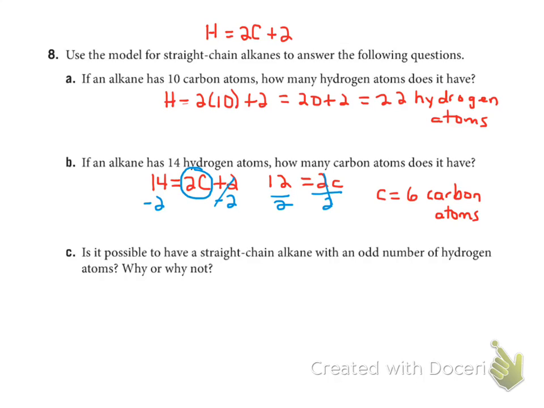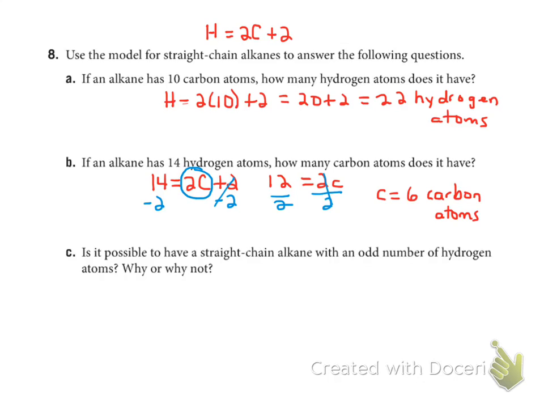Is it possible to have a straight chain alkane with an odd number of hydrogen atoms? Is there a number that you can plug in for C so that you'd end up with an odd number of hydrogen atoms? Couldn't it be any odd number? Well, you can put an odd number in for C, like a 7, but can you get an odd number for H?